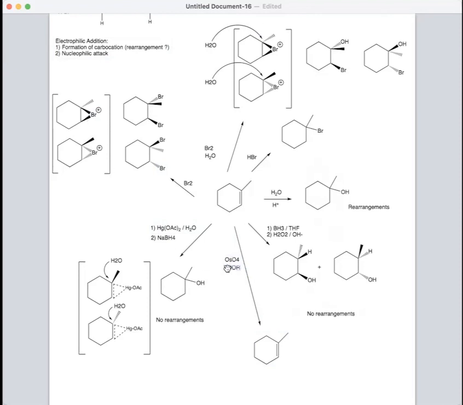So it's an oxidation. Remember in organic chemistry, oxidation is adding oxygens, reduction is adding hydrogens, right? So we add two hydroxyls on the same face of the alkene. So it's stereoselective.